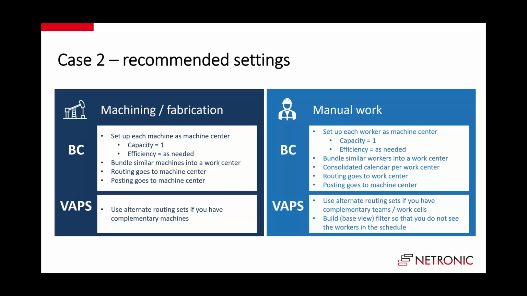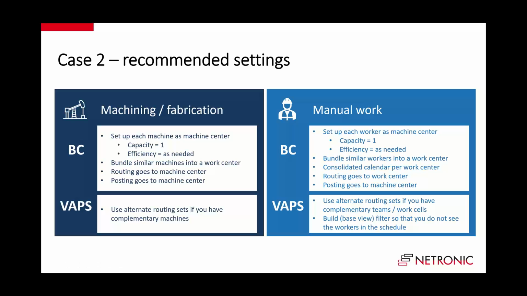And then what we recommend here is, because you have set up each worker as a machine center, but you will never schedule work to it, that you build, for example, a base view filter so that you do not see the workers in the schedule. When you do scheduling, and the VAPS is meant for scheduling, and we talk about how to finite capacity schedule a case where we have, for example, fabrication first and then manpower related work afterwards.